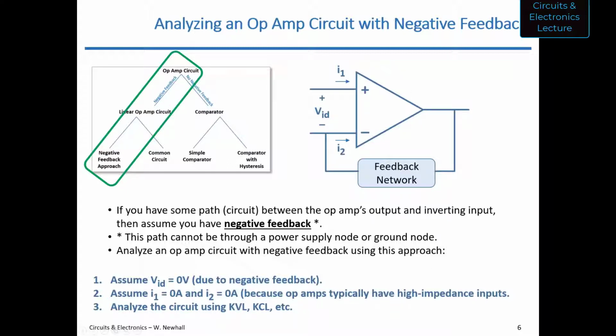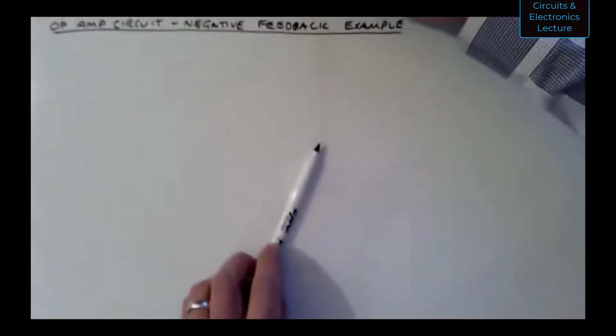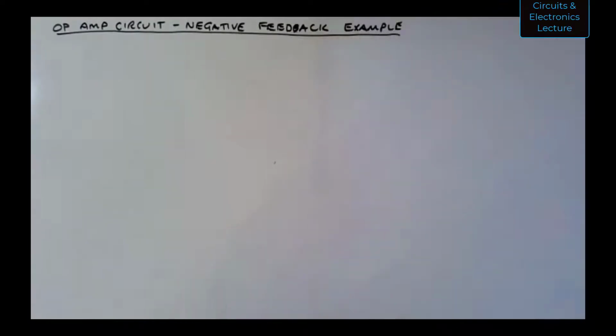And I'll bring my whiteboard up here. Okay. So I'm going to draw out a circuit that is a little more complicated than the two circuits we worked on last time.